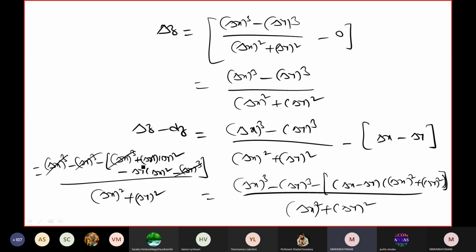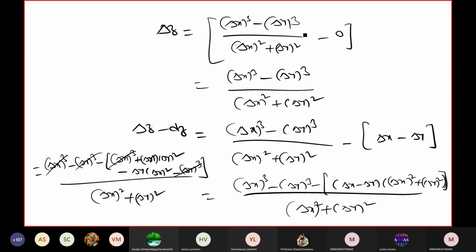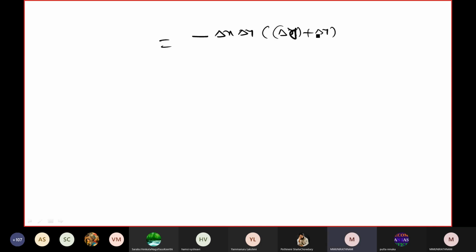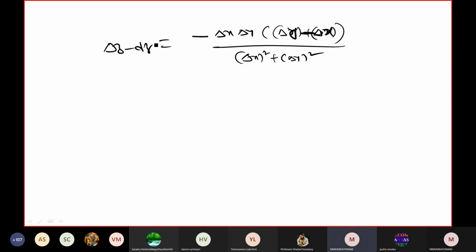Taking delta x delta y common, what remains is delta x plus delta y, minus delta y minus delta x, by delta x whole square plus delta y whole square. That is delta z minus dz.